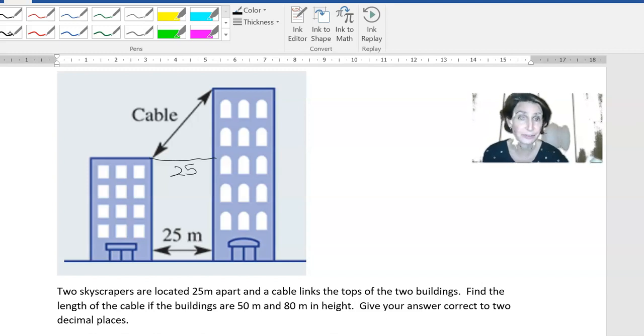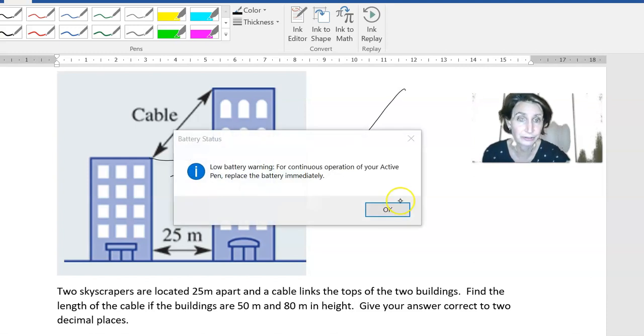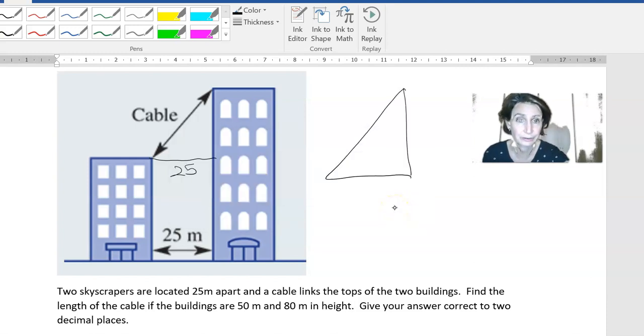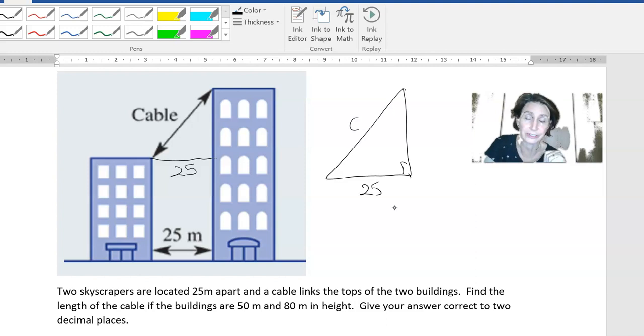So that's our first part of our triangle. I'll just redraw the triangle over here. Okay, so we've got 25 meters down the bottom. The second distance that we're going to need to find, I'm just going to call this C because C stands for cable, but it's also the letter that we're used to using for Pythagoras' theorem as the hypotenuse. We now need to know what is that vertical distance there.